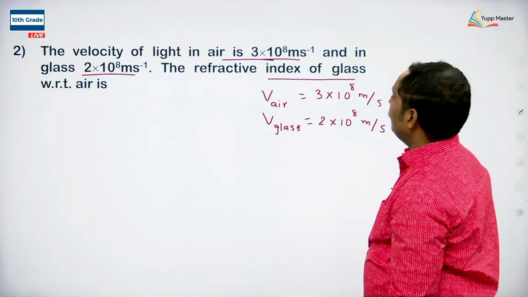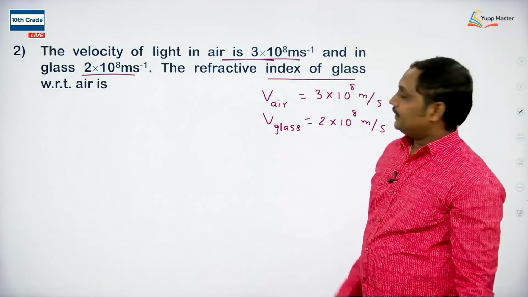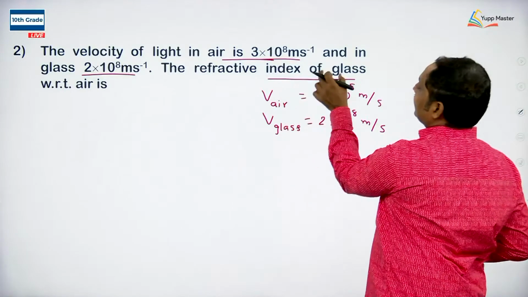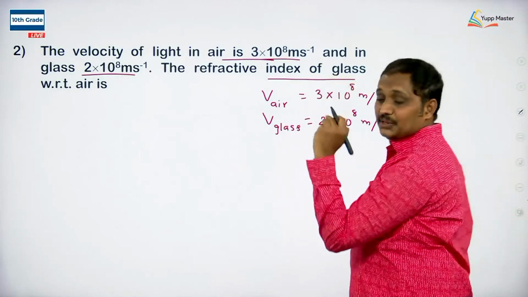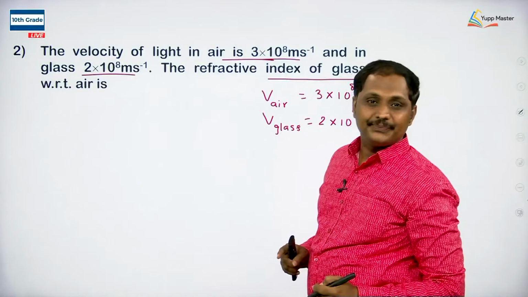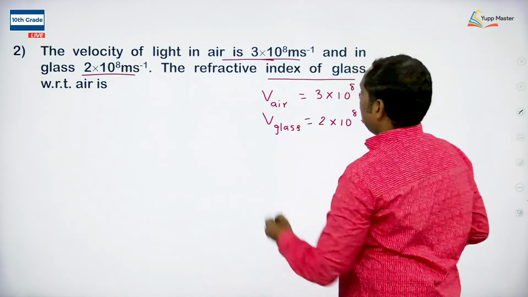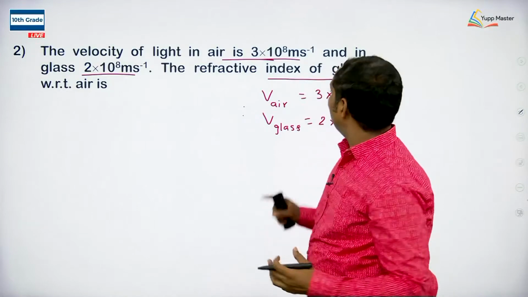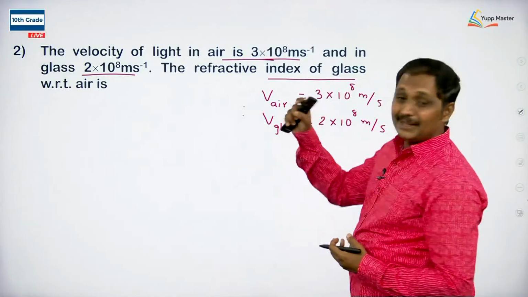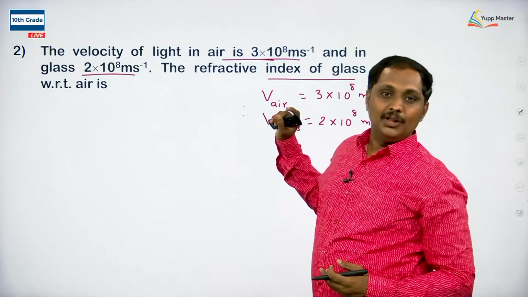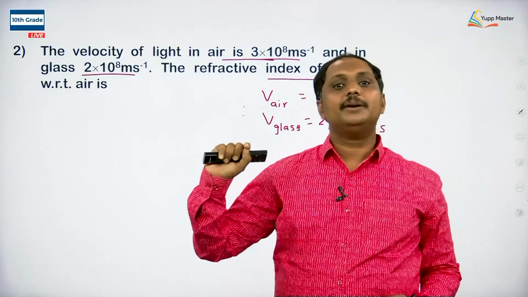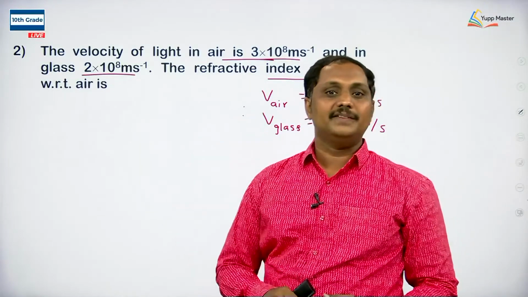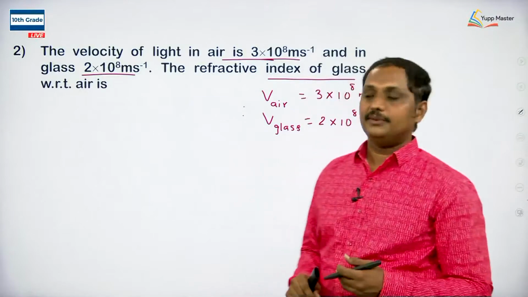Now, you need to find the refractive index of glass with respect to the air. You can guess that the light rays are going to enter from air medium to the glass medium. So, the refractive index of the second medium with respect to the first medium is nothing but the relative refractive index.